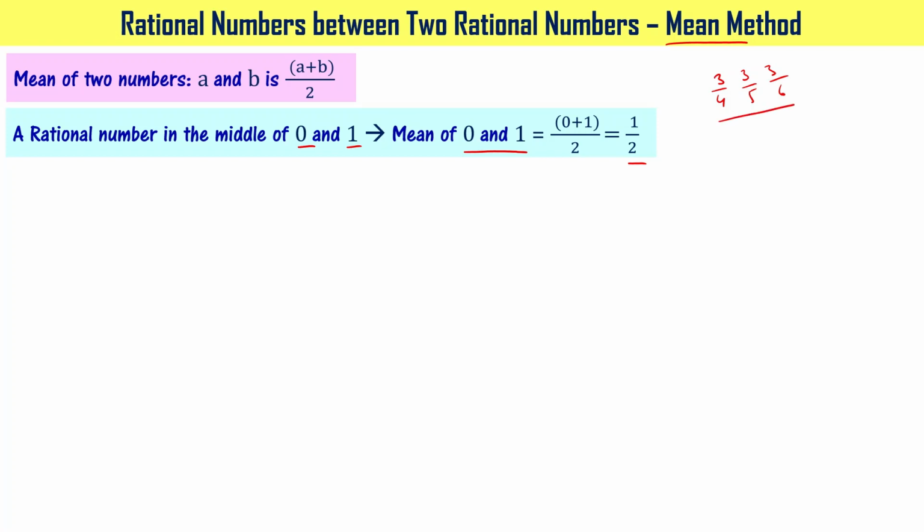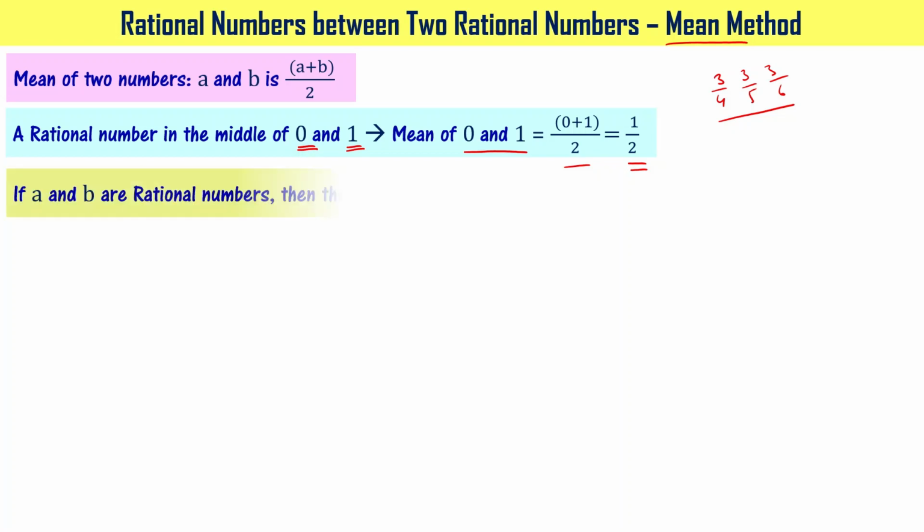But the mean method gives you a way to write one rational number in the middle of two rational numbers, 0 and 1, for example, as their mean, that is (0 + 1) divided by 2, which is equal to half.